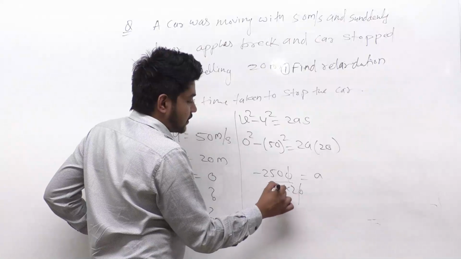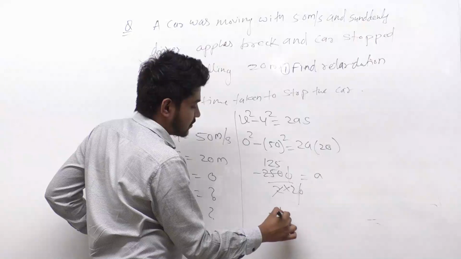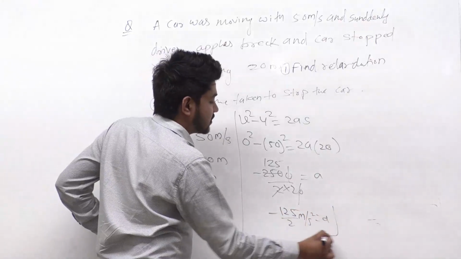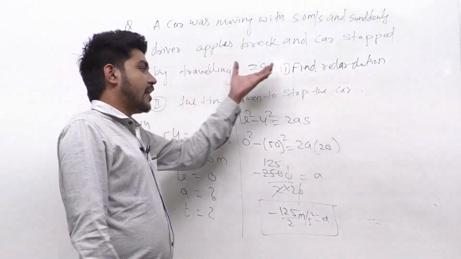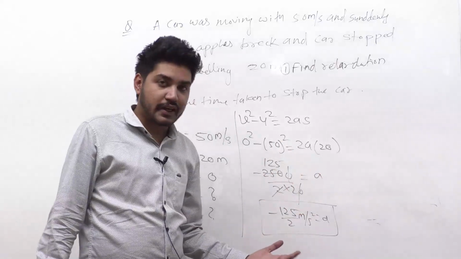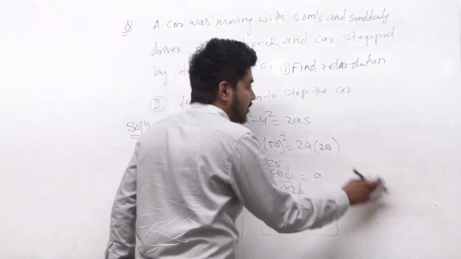So we can see the acceleration is coming as negative, minus 125 by 2 meter per second square. So acceleration is coming as negative, so it should come negative, right? If we take everything properly with sign convention, the answer will automatically give the correct answer.